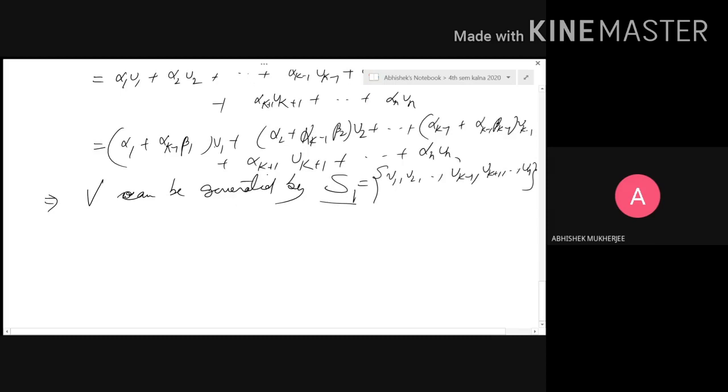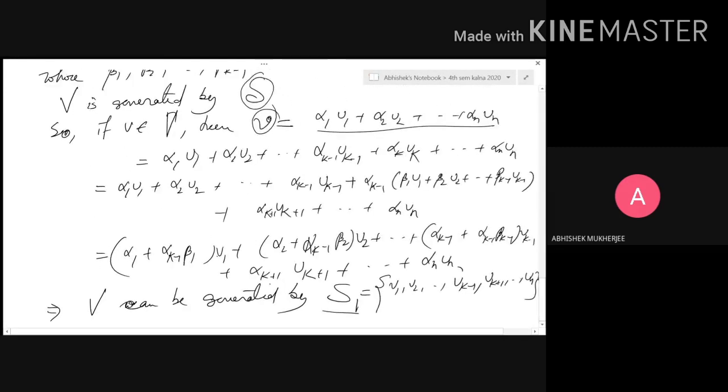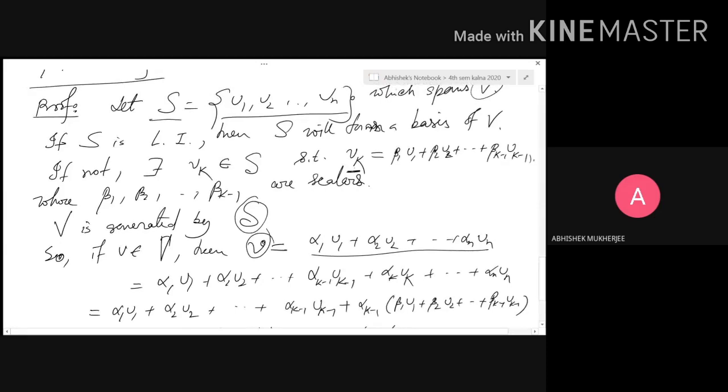And if S1 is not linearly independent, then again you can find another vector from S1 which will be a linear combination of its preceding ones, in the same way as we have seen for Vk.